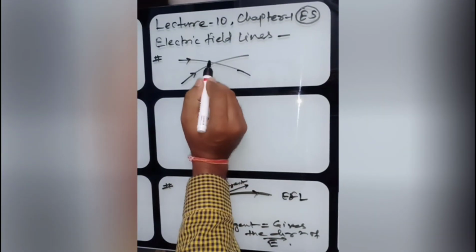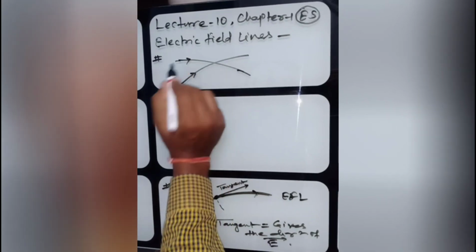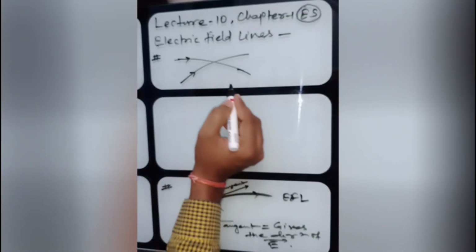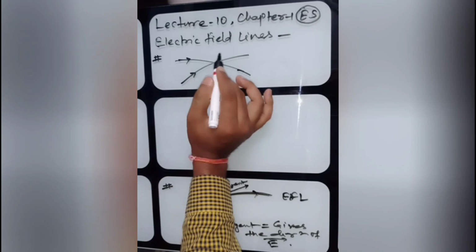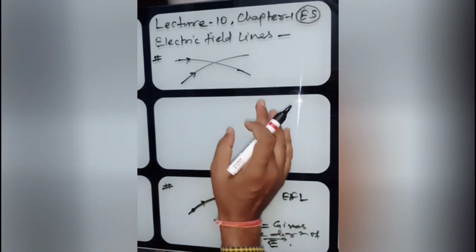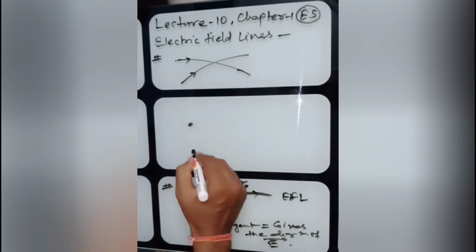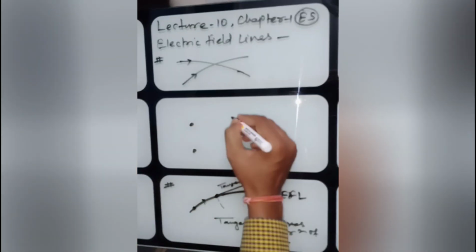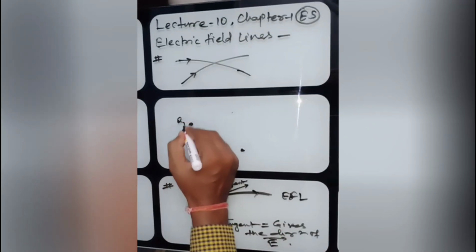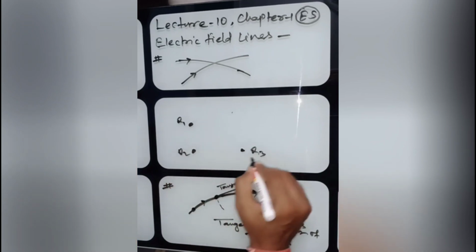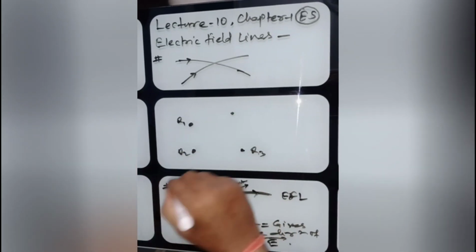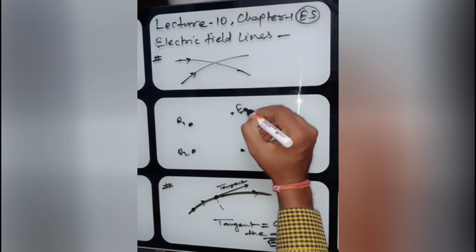Why? If the two field lines intersect at this point, think about the number of charges. Suppose we have three charges, q1, q2, q3, and we wish to find out the net field at this point, E net.